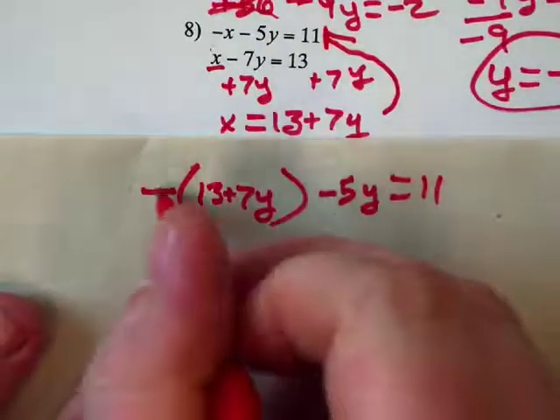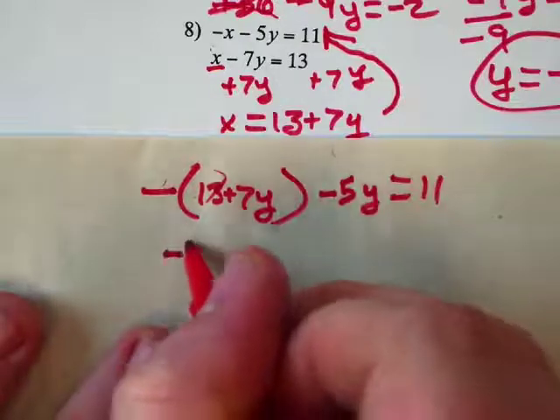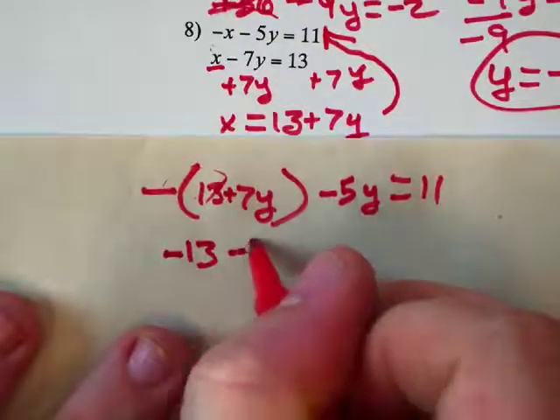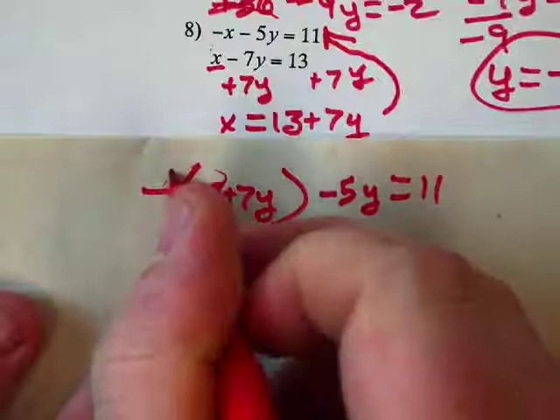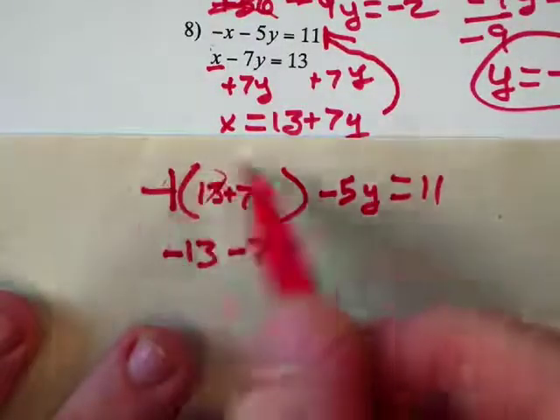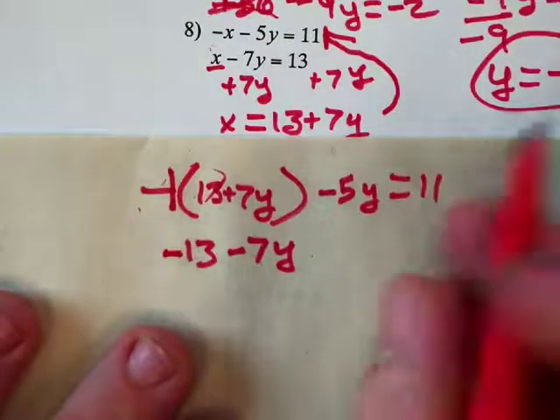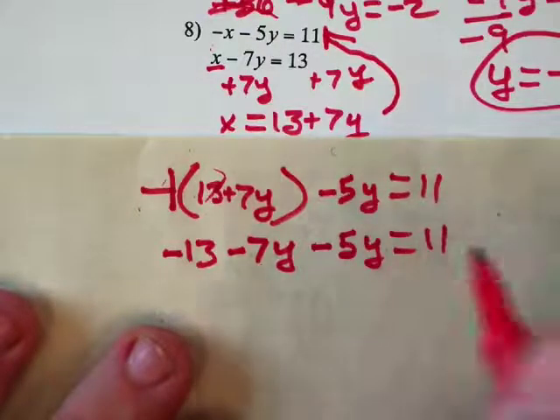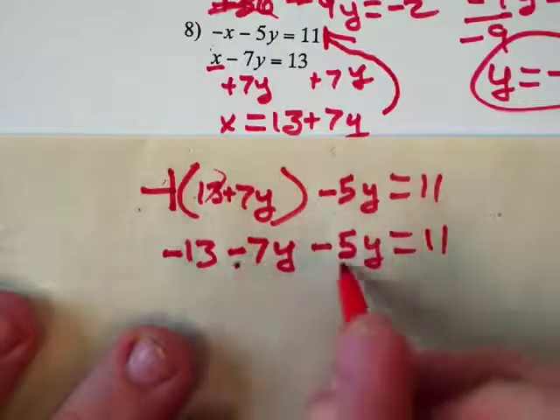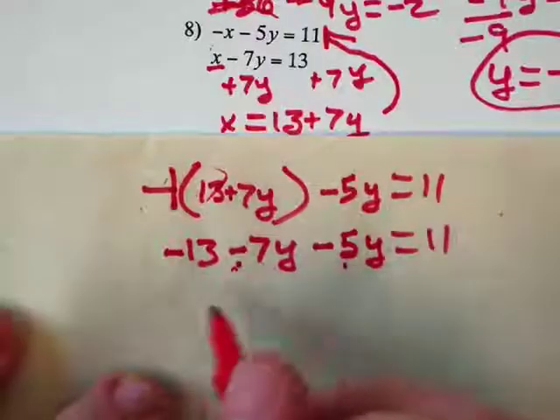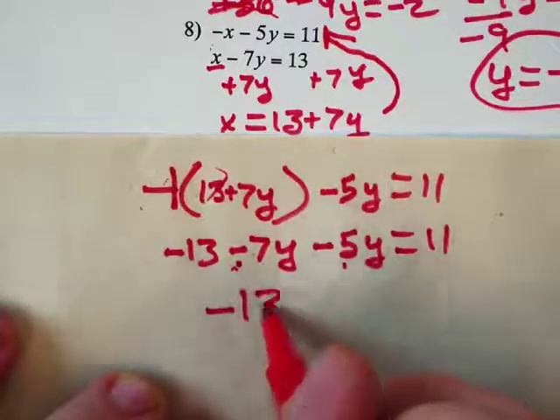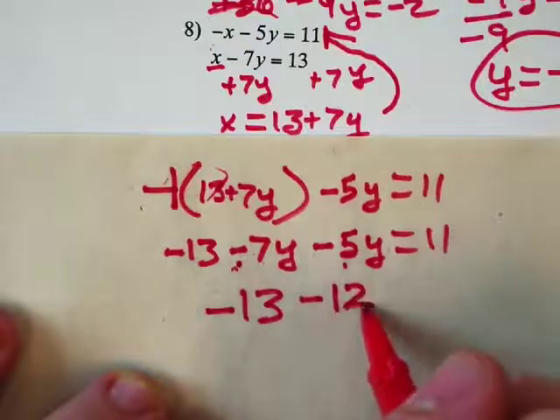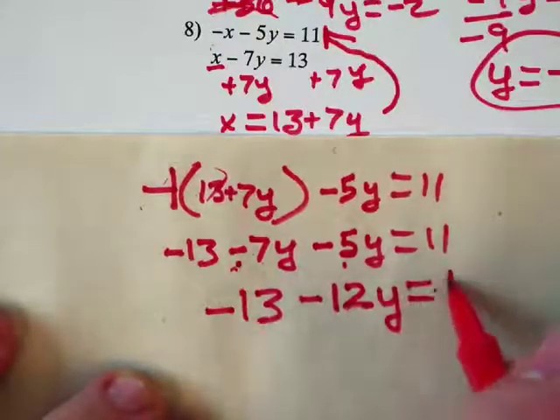Okay, so let's distribute the negative sign. So we have negative 13 minus 7y. So it's the same thing as there being a negative 1 there, and you're multiplying everything times negative 1. Minus 5y equals 11. Combine the y's that we know, negative 7y and negative 5y is minus 12y equals 11.